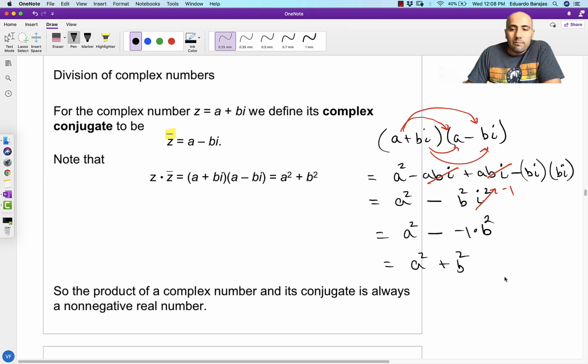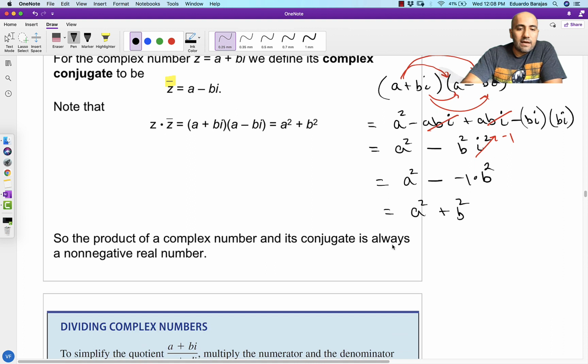We can always put a plus 0i at the end, and it is still a complex number, it's just that the imaginary part is 0. So the product of a complex number and its conjugate is always a non-negative real number. It's this squared plus this squared, so it's going to be some non-negative value.